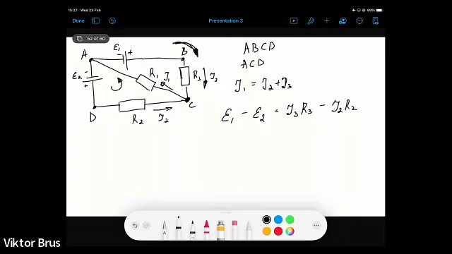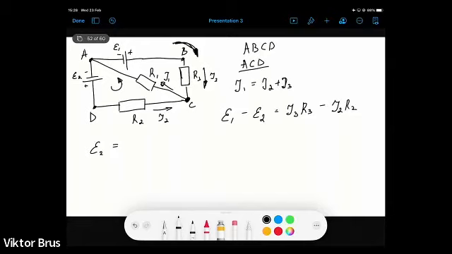Let us consider the second loop, which is ACD. In this case, we have the positive electromotive force of battery 2, E2, and on the right side, we have positive potential drops over resistors R2 and R1, since electric currents I2 and I1 flow in the direction of the loop path.